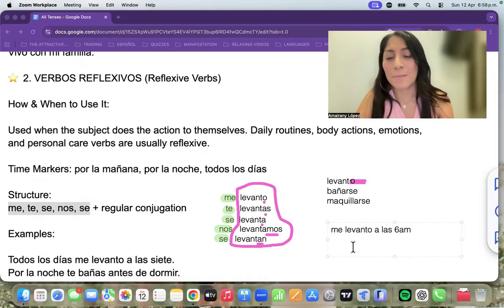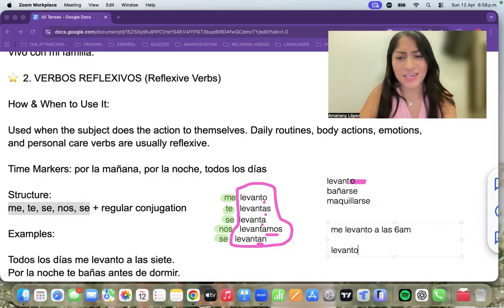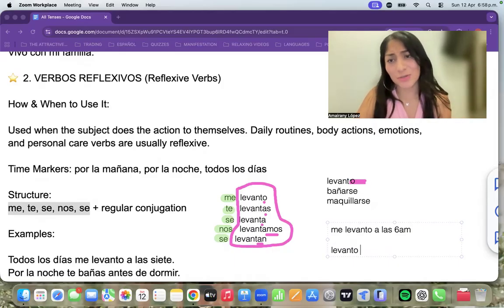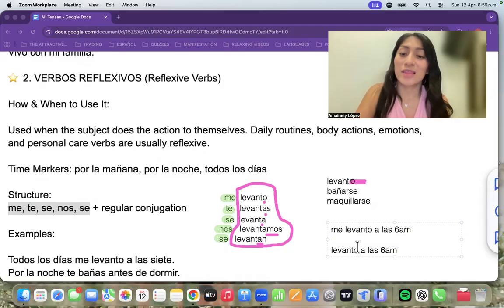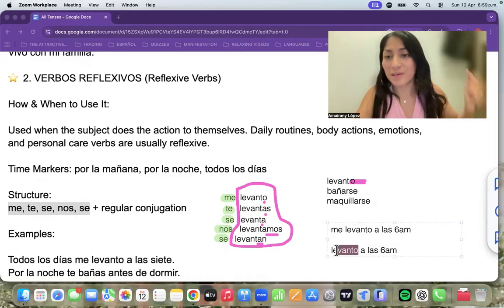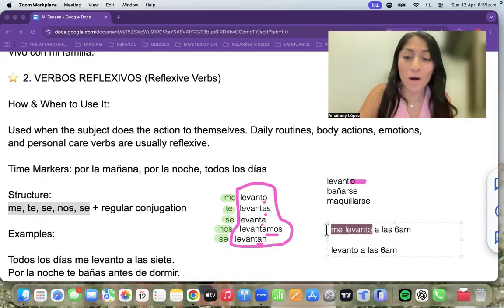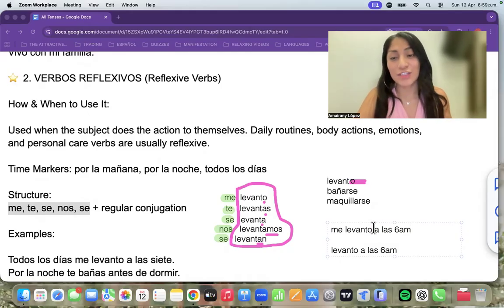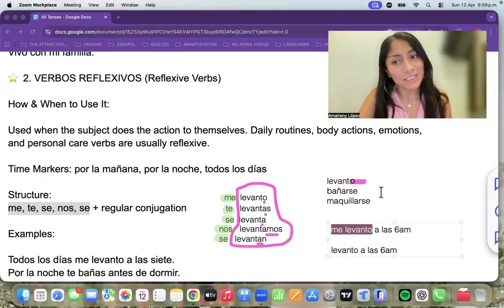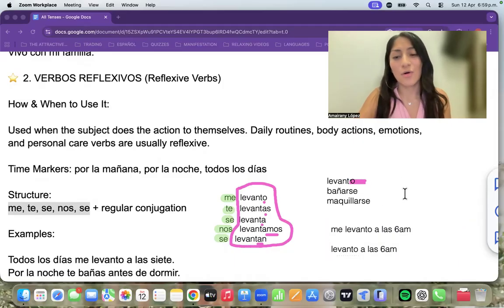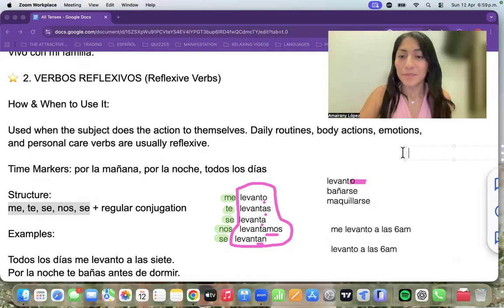Me levanto a las 6 a.m. But if you were to just say, you know what, this is silly, I'm not going to use the me, and you just say levanto a las 6 a.m., levanto actually means to lift, to pick something up, okay? While me levanto means to get up in the morning, to wake up in a way. So levanto and me levanto are completely different. So this is why the whole concept of reflexive verbs is actually important, okay?